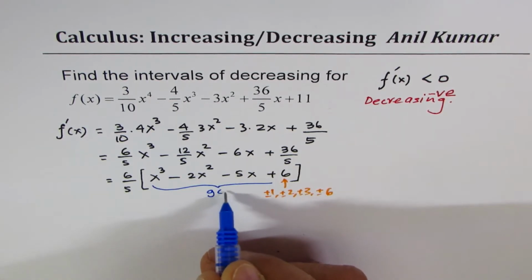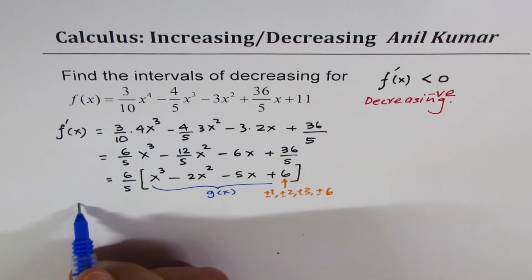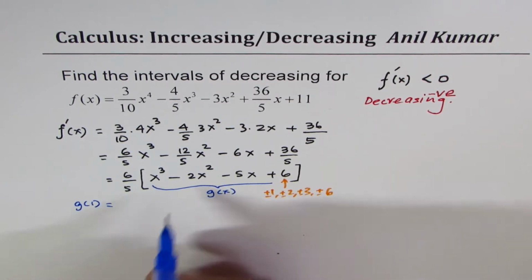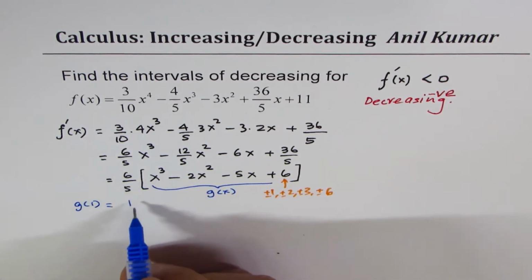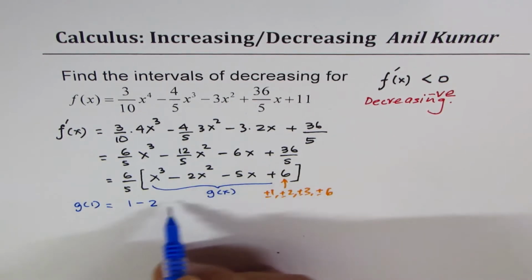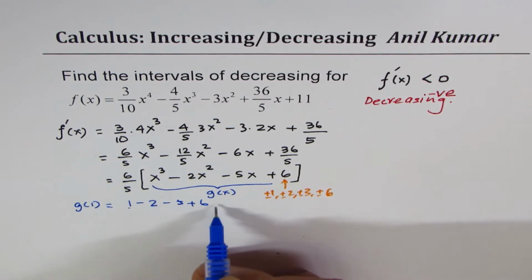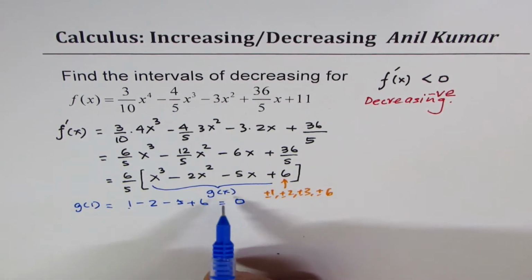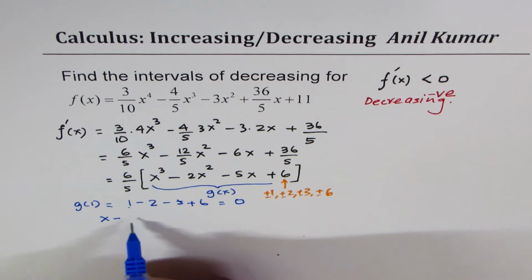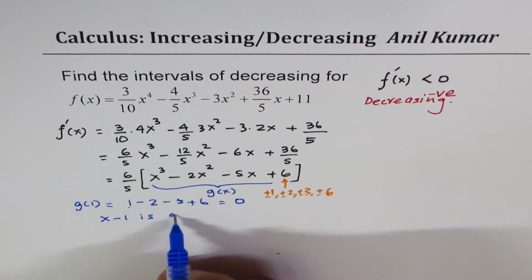Let us call this g of x, okay? So what is g of 1? If I substitute 1 here, I get 1 minus 2 minus 5 plus 6, and that is 7 minus 7, which is 0. That means x minus 1 is a factor.